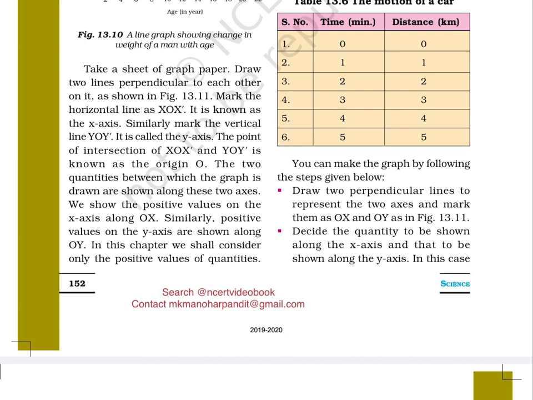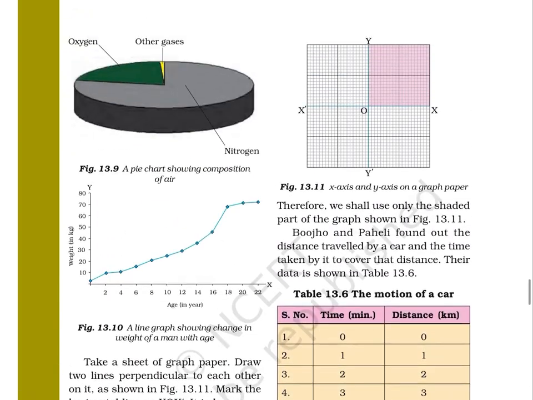The two quantities between which the graph is drawn are along these two axes. The positive values are on the x-axis along OX. Similarly, positive values on the y-axis are along OY. In this chapter, we shall consider only the positive values of quantities.